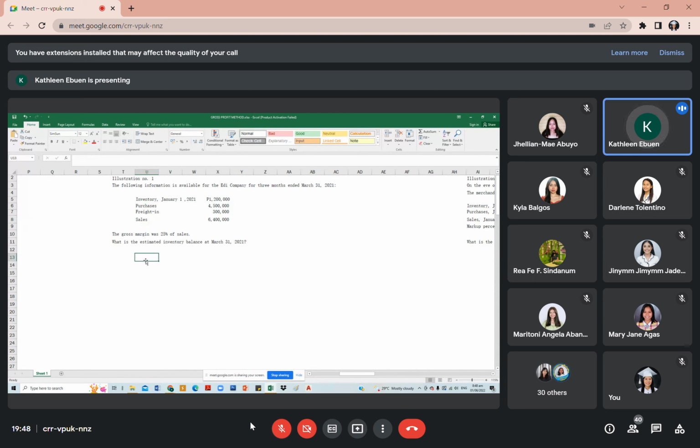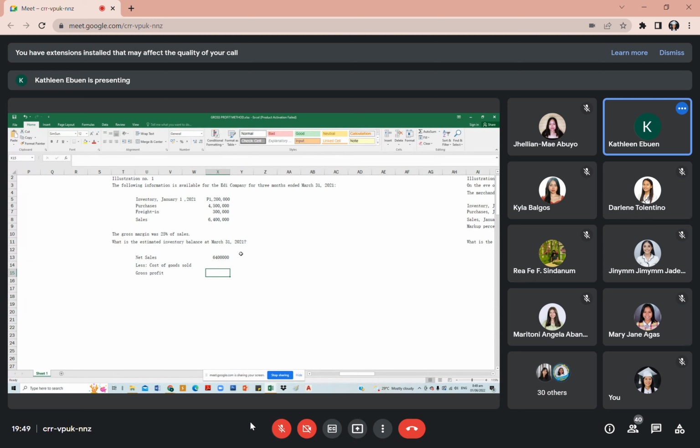Okay, so first, class, let us apply our formula, which is to find the cost of goods sold using the gross profit method. Net sales less cost of goods sold is equal to gross profit. Our net sales is 6,400,000. We have no sales returns, therefore we put the full amount. Cost of goods sold is what we are looking for.